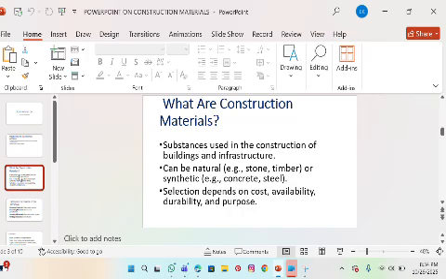They can be natural, that is stone, timber, or synthetic, that is concrete or steel. We also select these construction materials depending on the cost, the availability, the durability, and the purpose of the materials.